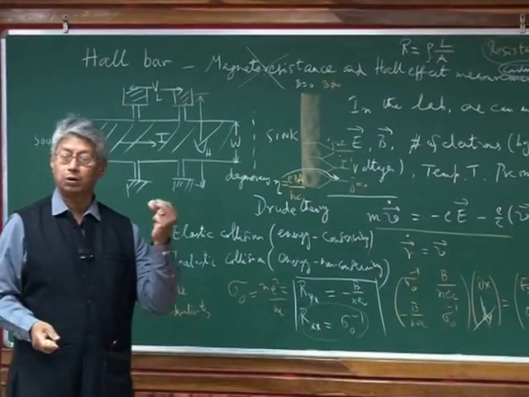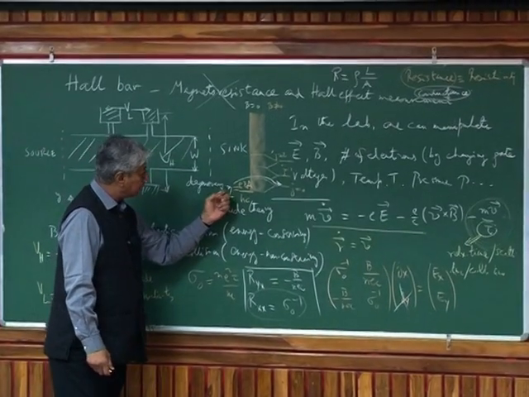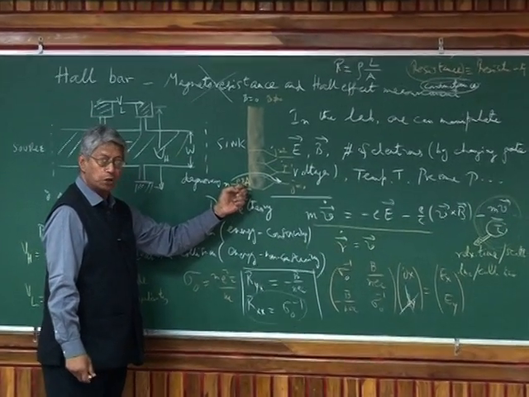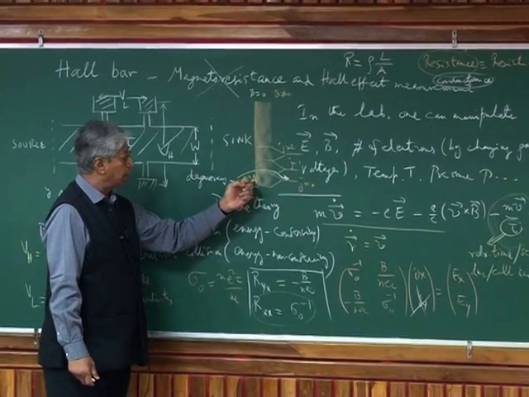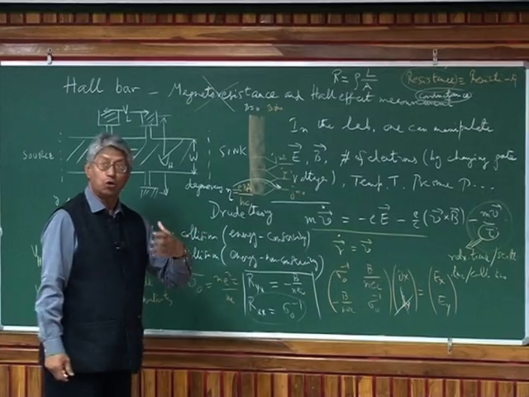Very importantly, the degeneracy is proportional to the strength of the magnetic field, and it also depends on the area. So now you can control the degeneracy by controlling the magnetic field in the laboratory.